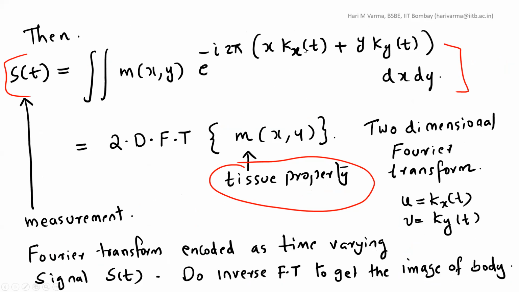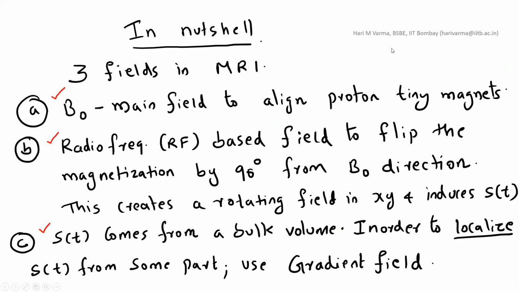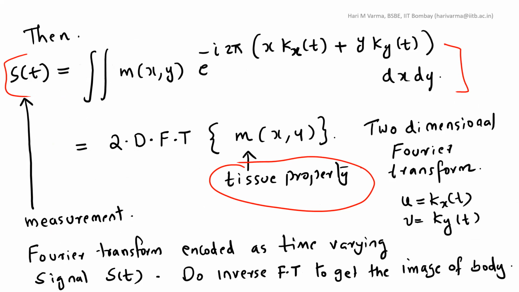If you change kx of t, u will change. If you change ky of t, v will change. So depending on u and v, I will get the whole Fourier transform of the data through my signal. So if you want to change that, you have to change kx and ky. That is exactly what is being done in the MRI. So when I change kx and ky, I'm getting the 2D Fourier transform of the object.